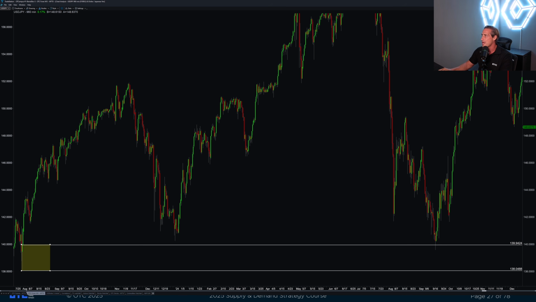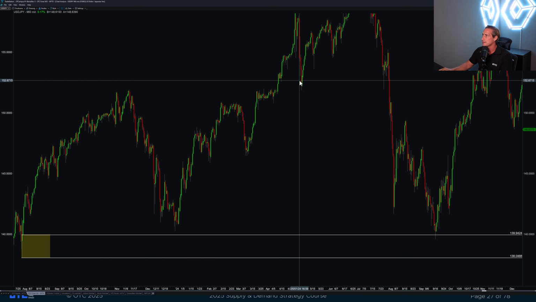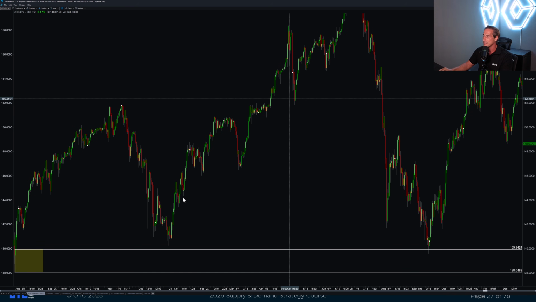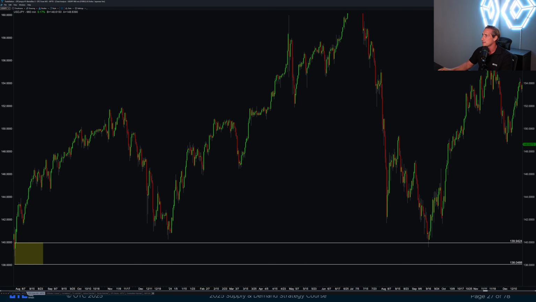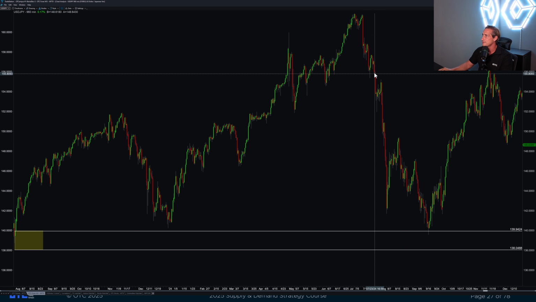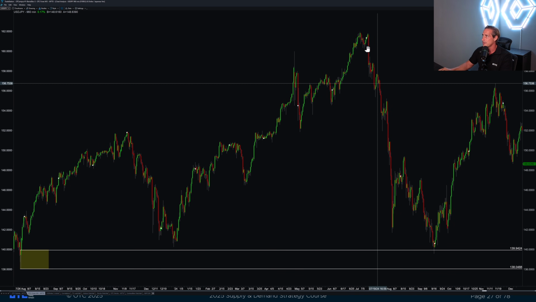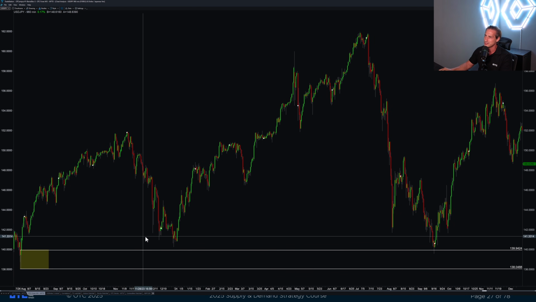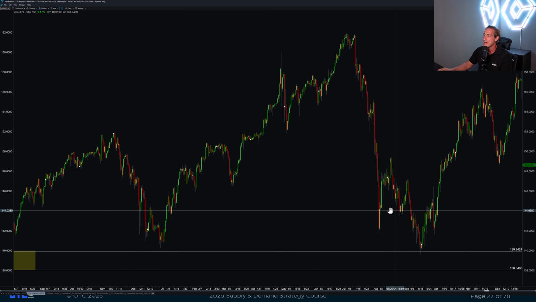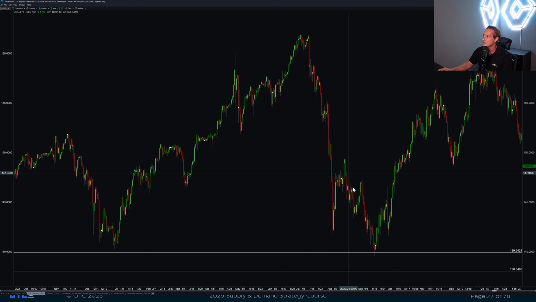Price rallied far away, like a rocket ship, and spent only little time there. And then it rallied all the way. I have to make the chart even smaller. Rallied all the way up here without coming back. Literally like a rocket ship, not even looking back. And then it came back at some point in time.